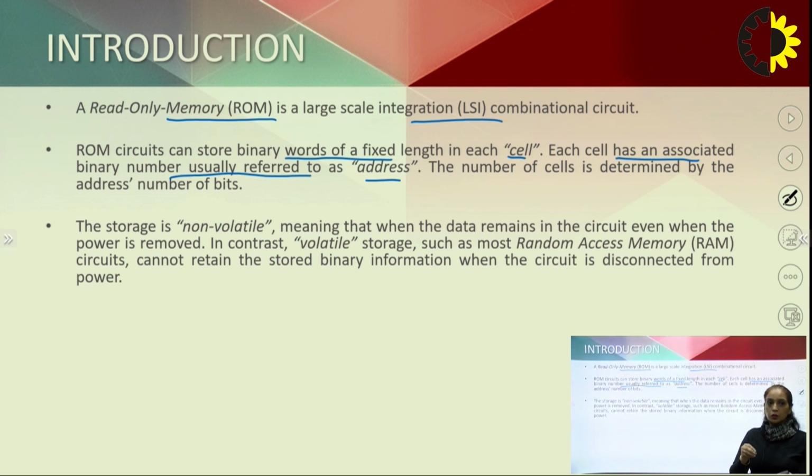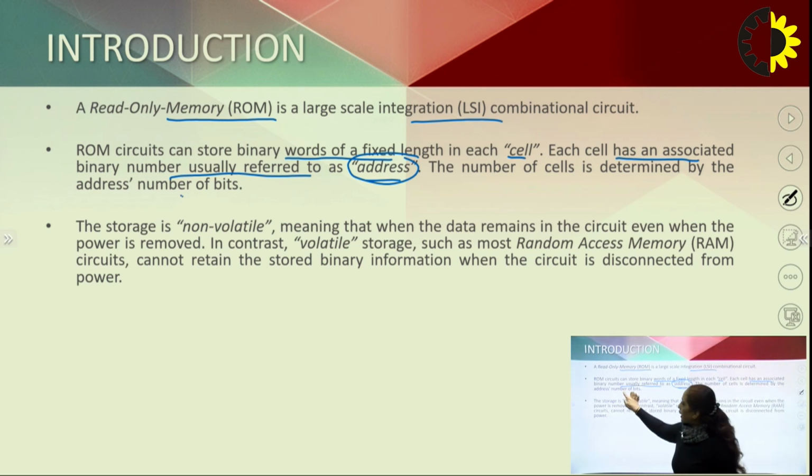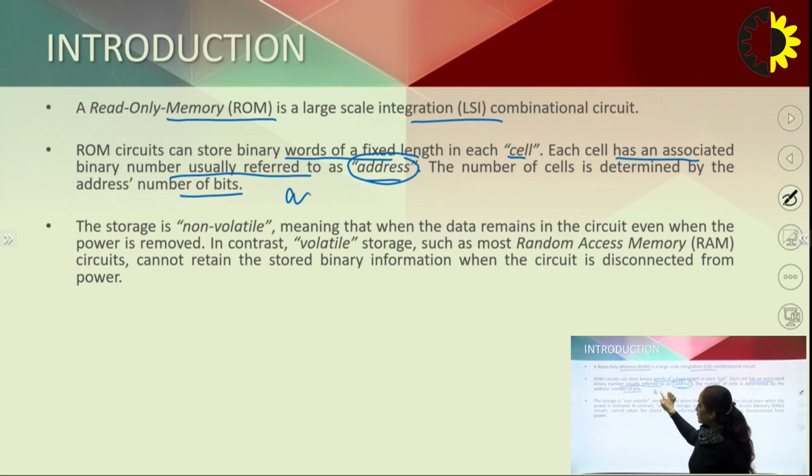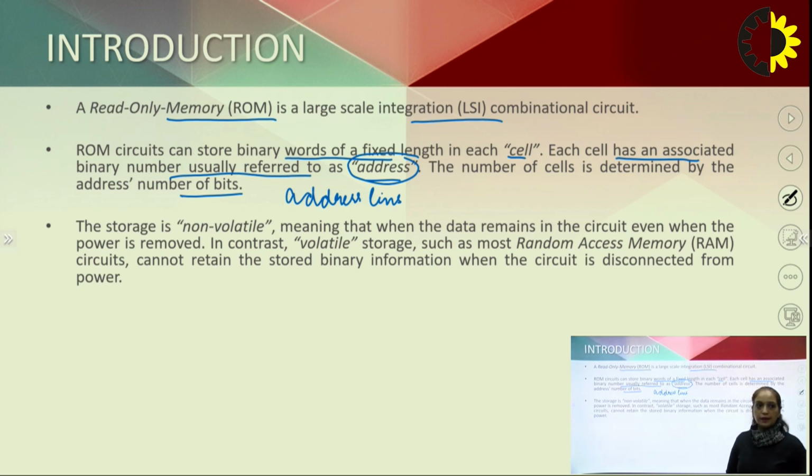To go to that location, we use these address signals. So the number of cells is determined by the address lines. While designing any memory, we always use the address lines.